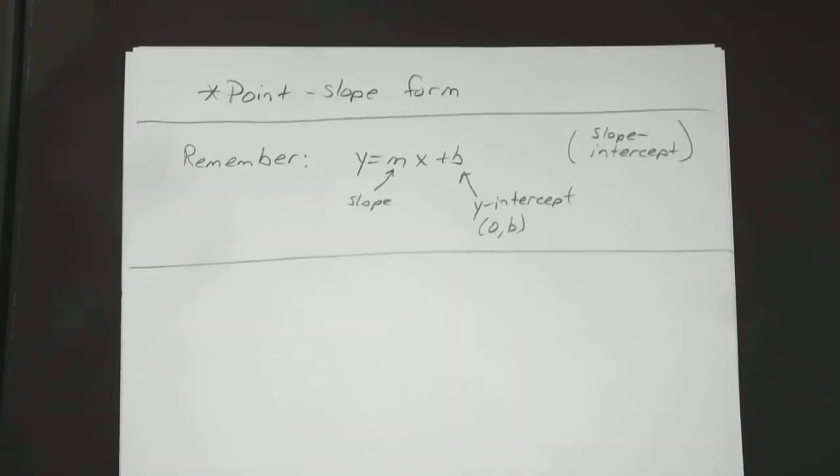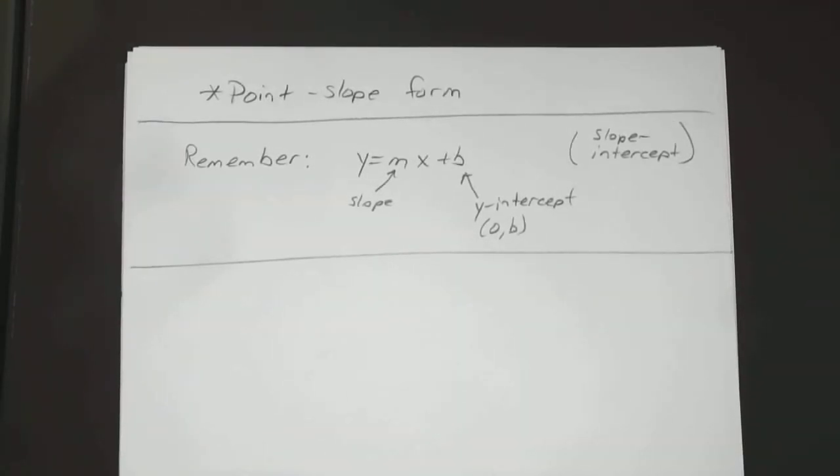Okay. The point slope form, what that does is that if you're given just the slope and one point, you can actually figure out how to put it into slope-intercept form.